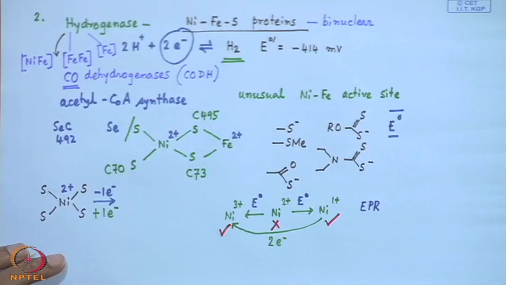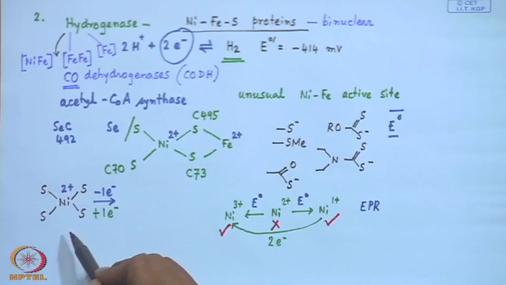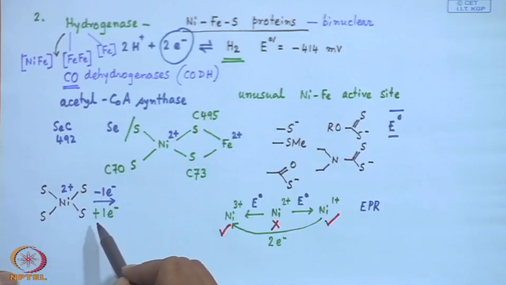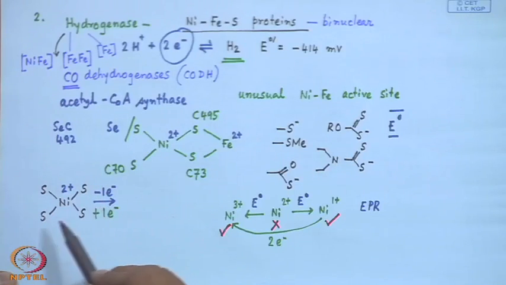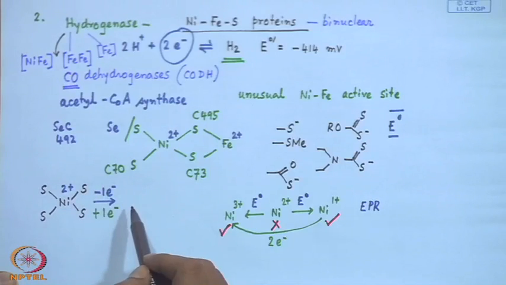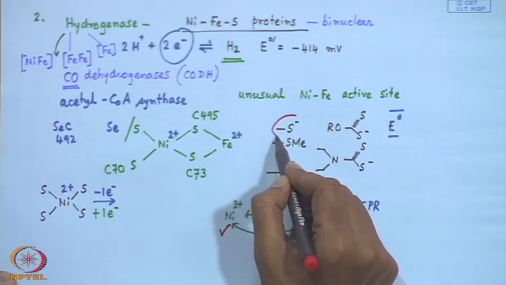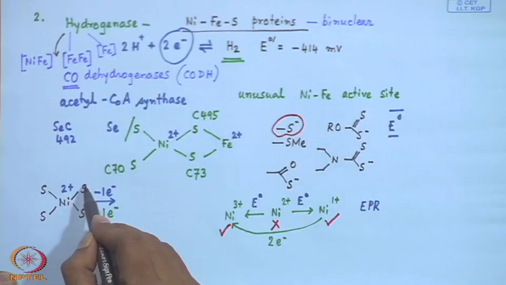So, all these chemistries, you can study a little bit, the corresponding coordination chemistry in an all sulfur nickel environment, which is very important, and from the all sulfur nickel environment you can go for a binuclear entity also, because if you have this S minus, that means charge is more on these groups.